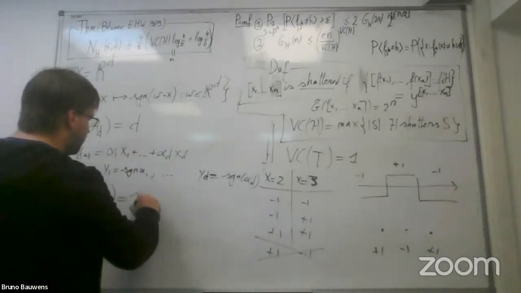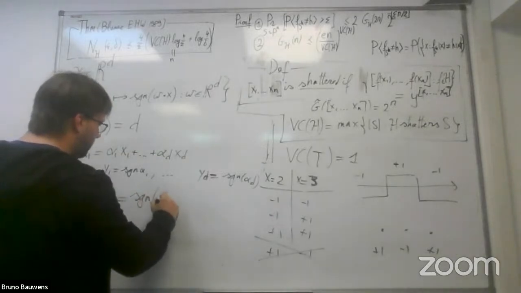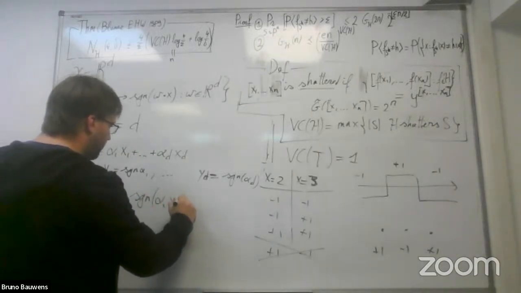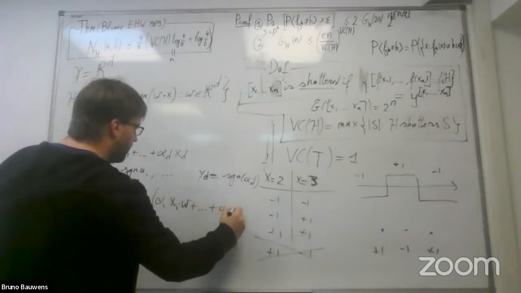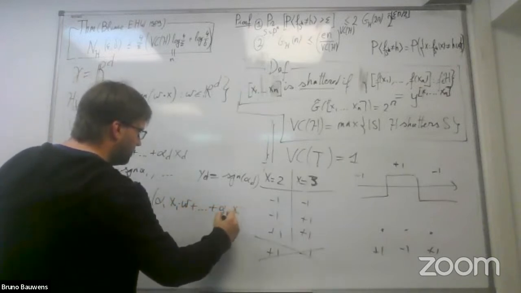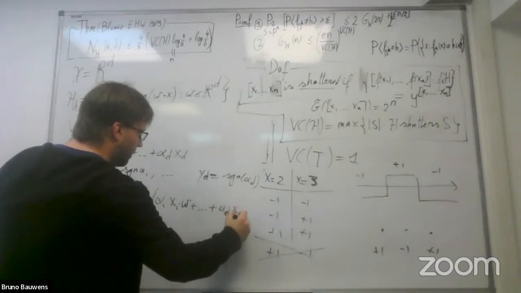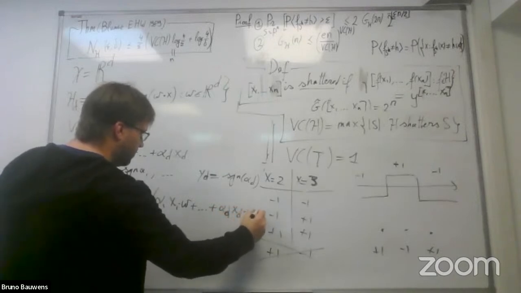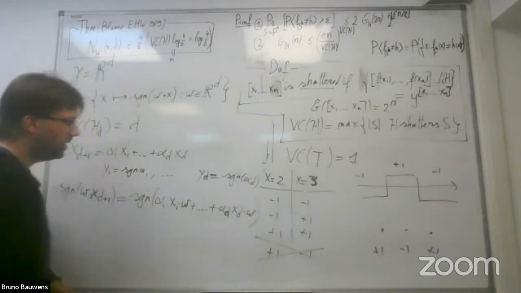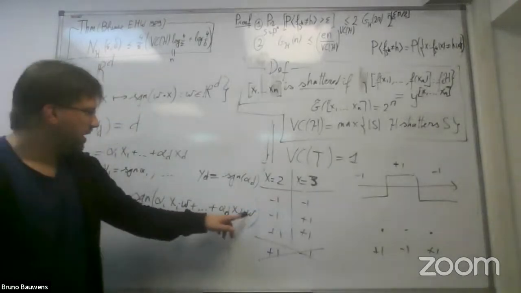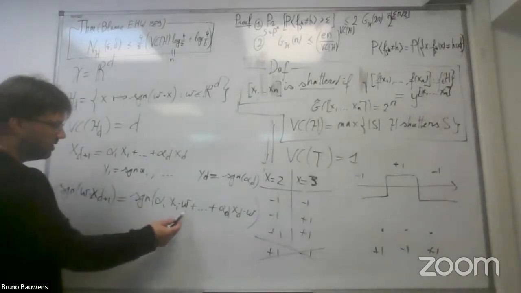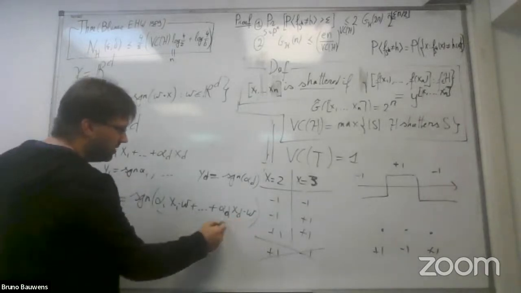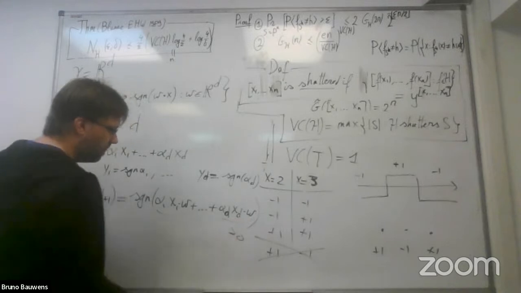So it is the sign of alpha_1 x_1 times W plus ... plus alpha_D x_D times W. If W has all these labels right, that means that all of these things are at least 0.